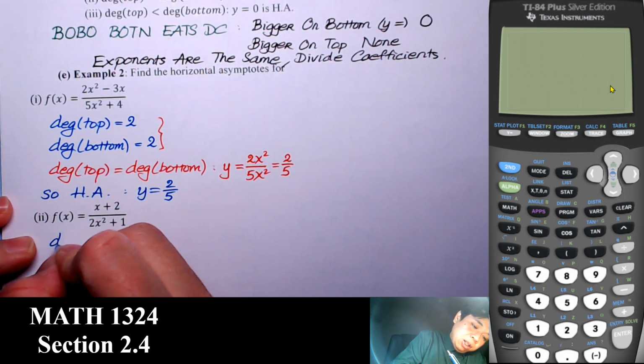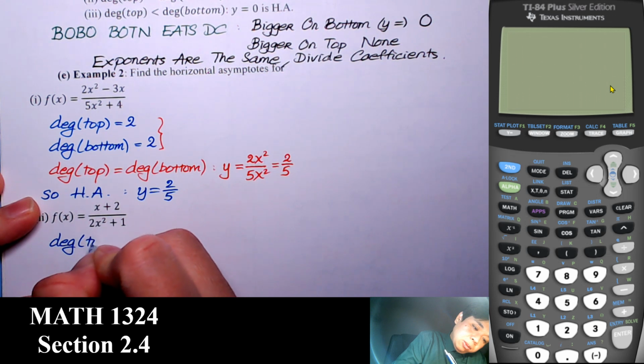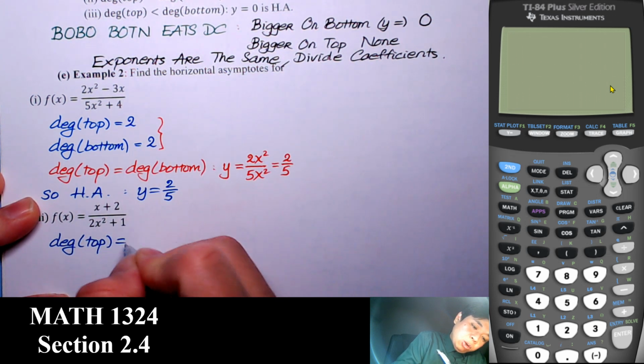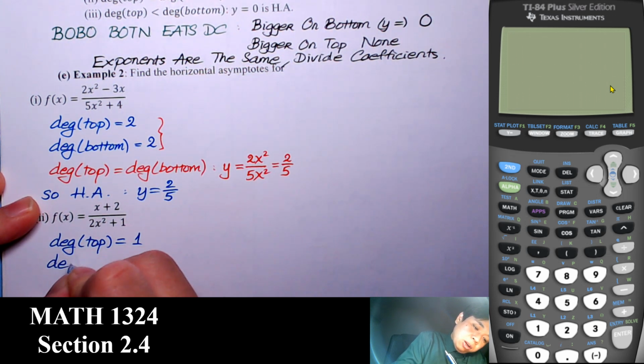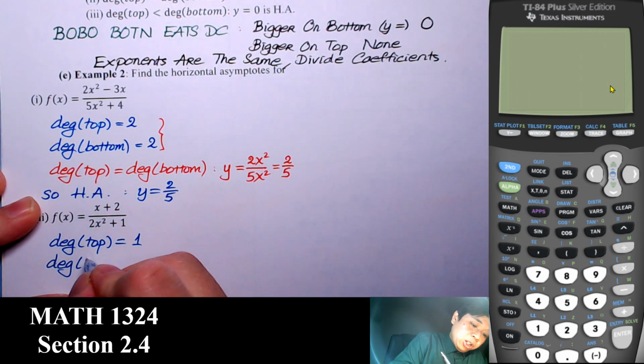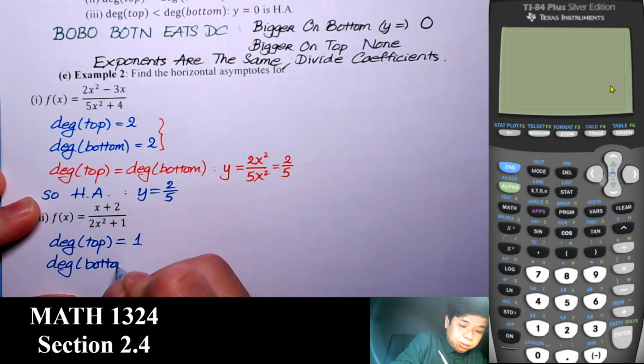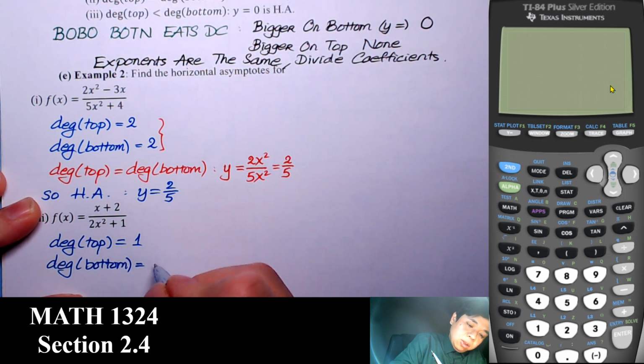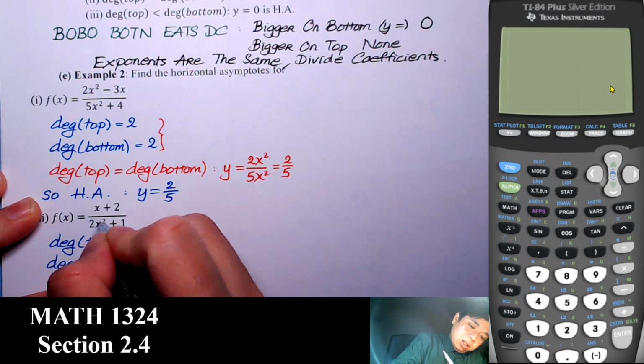Next one, we have degree on top, x plus 2, so just 1. That's why I want to leave the space here for further discussion. Degree at the bottom is 2.